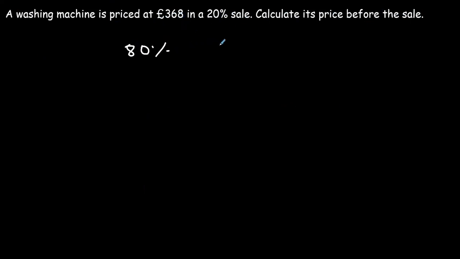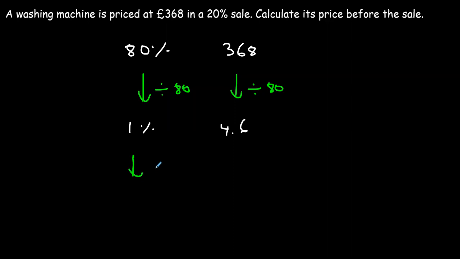So 80% is £368. And then we just proceed as usual. So that would be £4.60. And then 100% is 460.